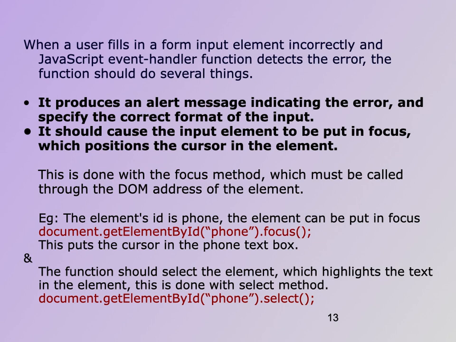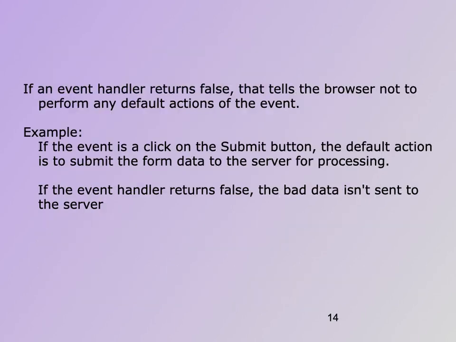This is done with the select method: document.getElementById("font").select(). So the focus method gives the focus, that means the cursor will be in that particular text field. If a previous value is there, then the select method will select that value from the control. So these are the uses of the focus and select methods.